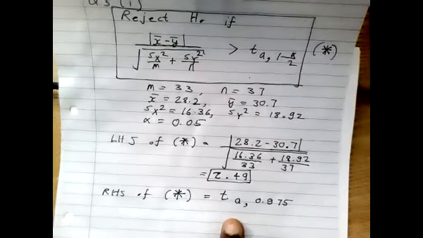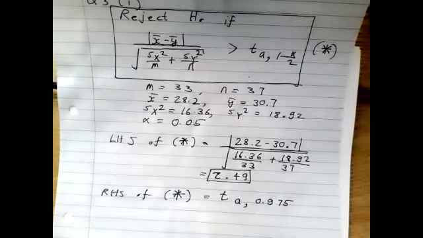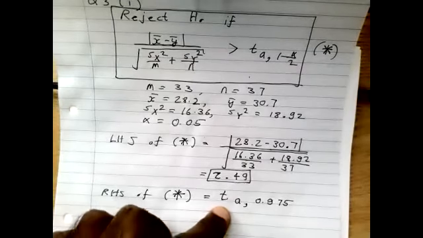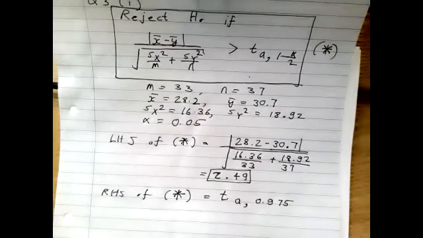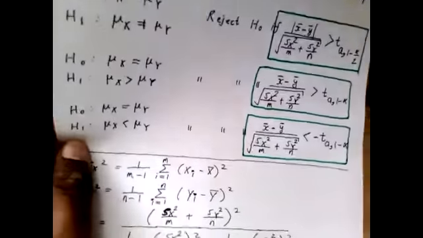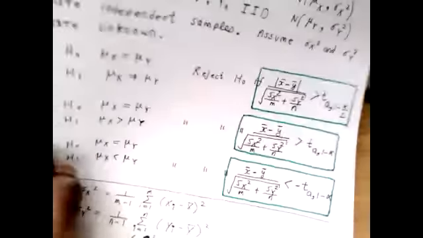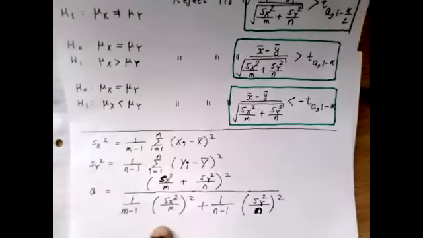Now let's try to read this. The problem with this is that, let me show you, remember that A is the degree of freedom. The formula for A is given by, I think I gave it to you before, this expression here.